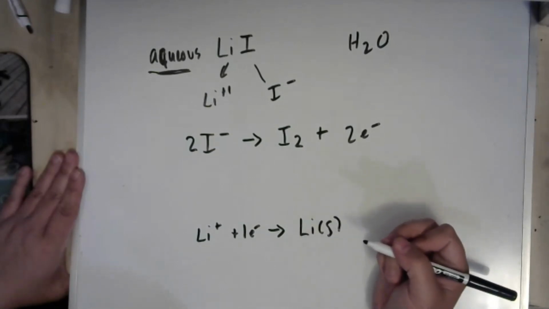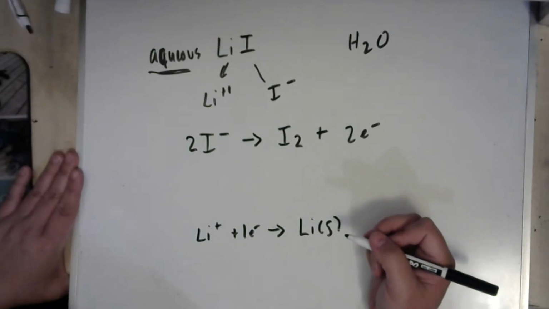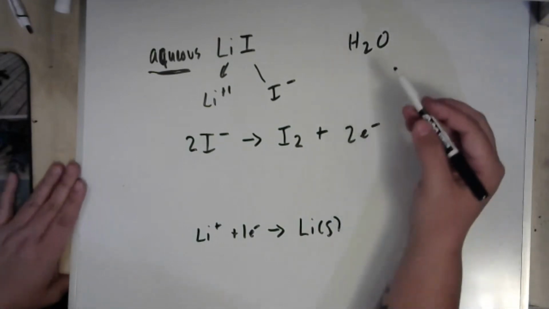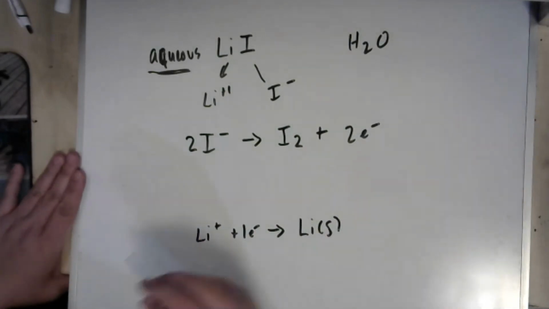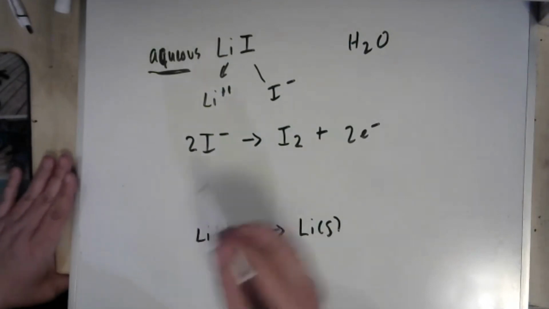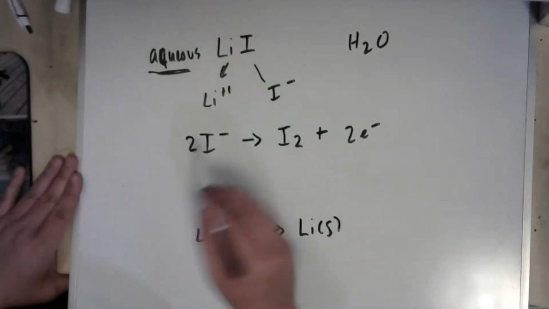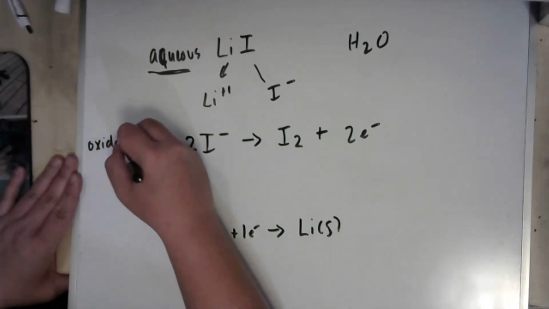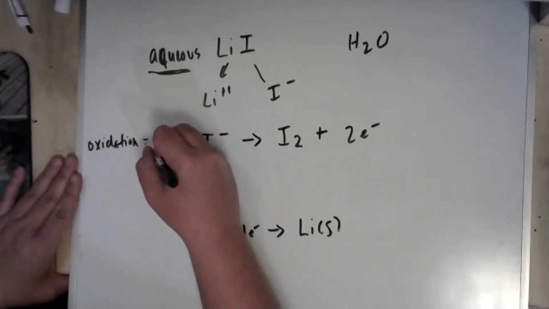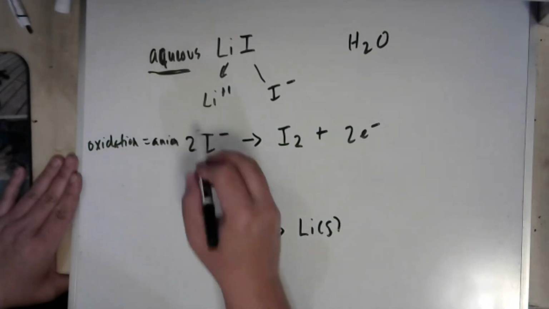Okay, and then we're going to have to look at the water. For when we're oxidizing the water, that means we know that the anion is going to be oxidized, right? I should have written that out a little more clearly. The oxidation is our anion.